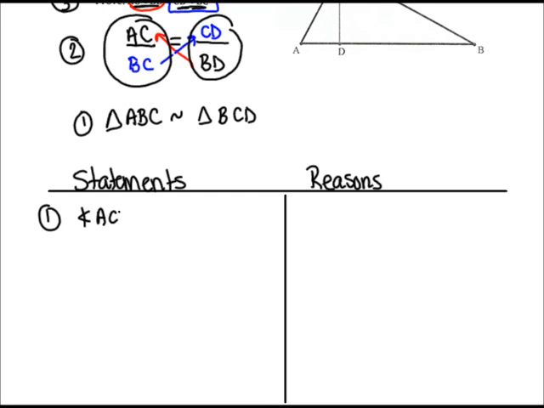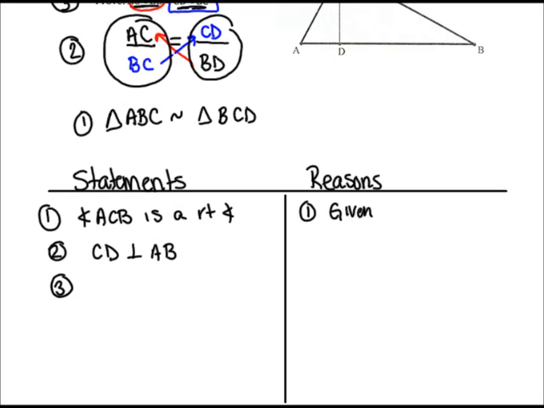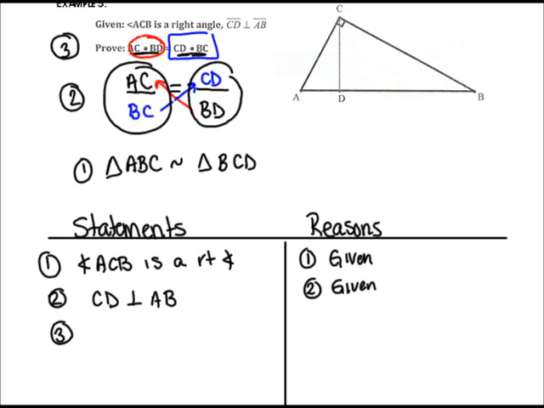Angle ACB is a right angle. CD is perpendicular to AB. As our two pieces of given information.